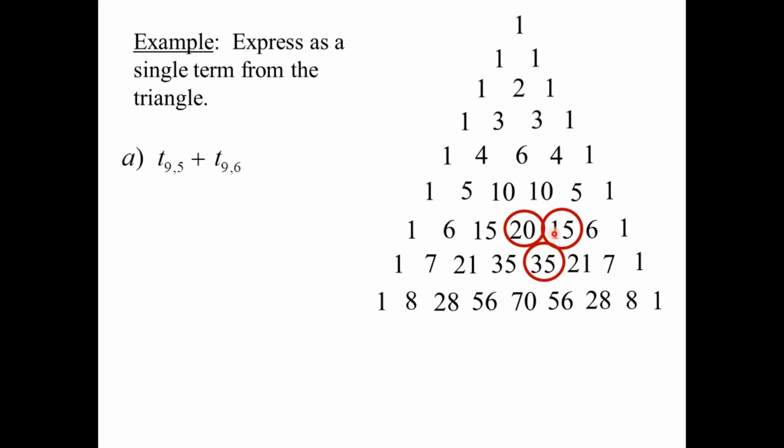So 15 and 35 share a term number. They're both the fourth term. So T sub 9, 5 plus T sub 9, 6, their child, the result of their adding, will be in the 10th row, and it will share the higher of those two term numbers. The higher of 5 and 6, of course, is 6. So the answer will be T sub 10, 6.